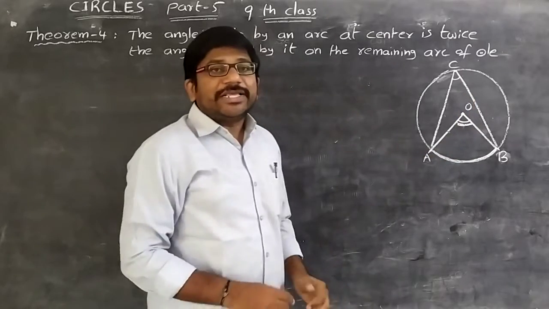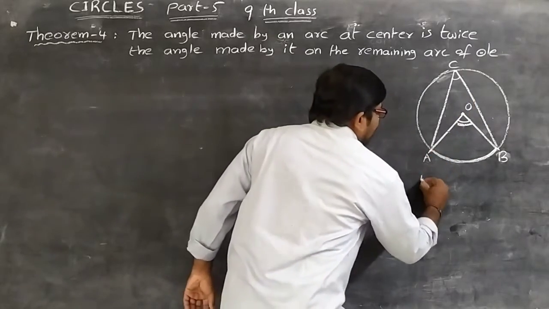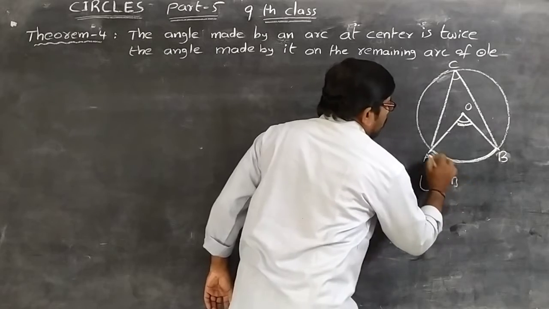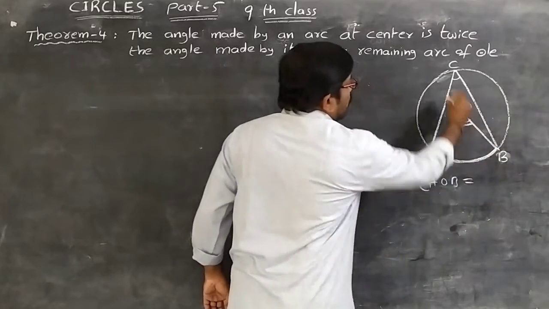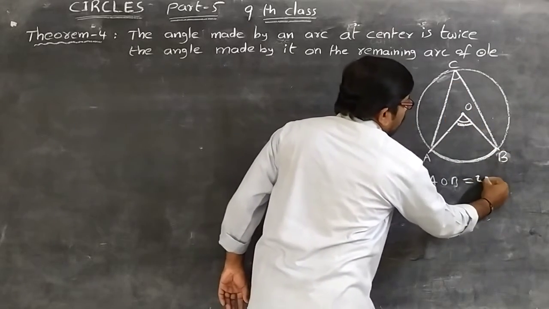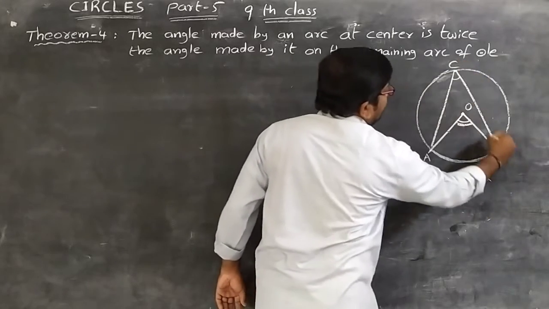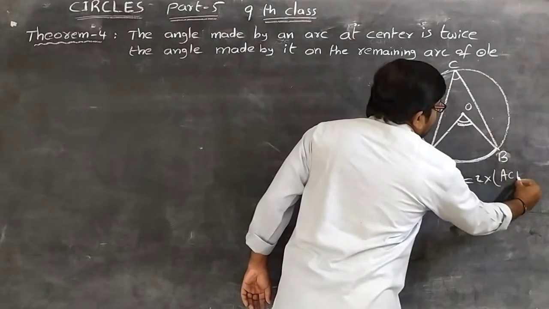So that is the theorem: angle AOB is equal to 2 times angle ACB.